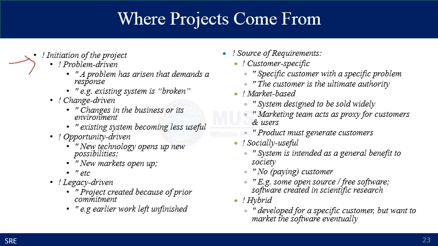Therefore, you have to develop a new project. For example, an existing system is broken or lacks functionality, or you want to change some functionality in the existing system. A new project can arise from such circumstances, and in the same way, the existing system may become less useful and you require a new system.